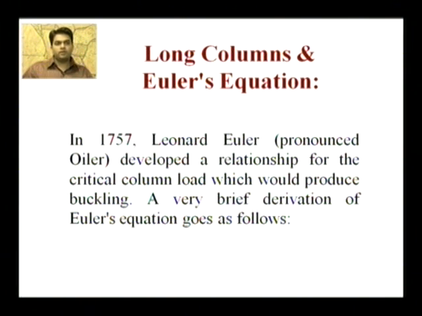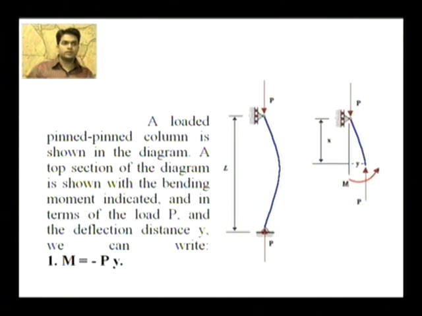A very brief derivation of Euler's equation goes as follows. A loaded pinned column is shown in the diagram. You can see this side it is also pinned and this side it is also pinned.